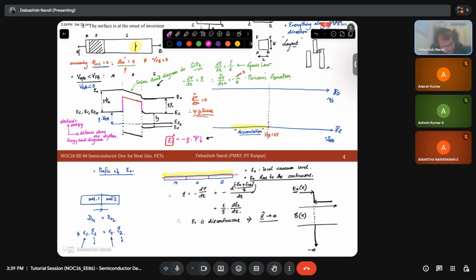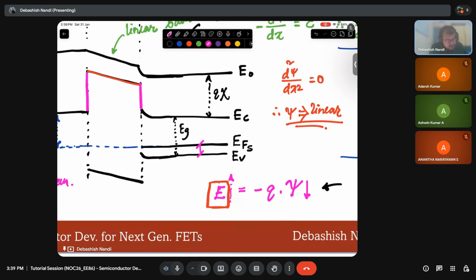Will you agree with me that this distance, how close the Fermi level is to the valence band, determines how much P type my semiconductor is?